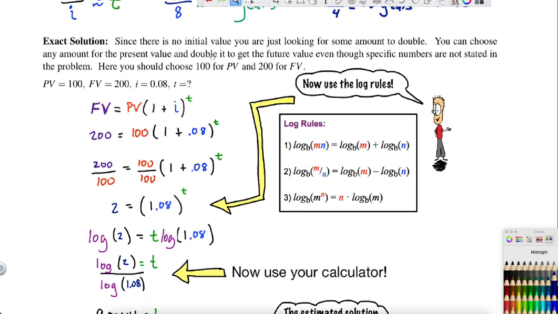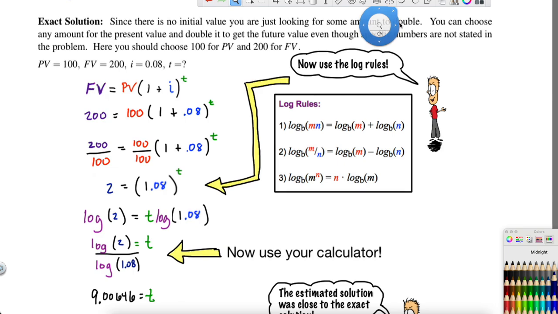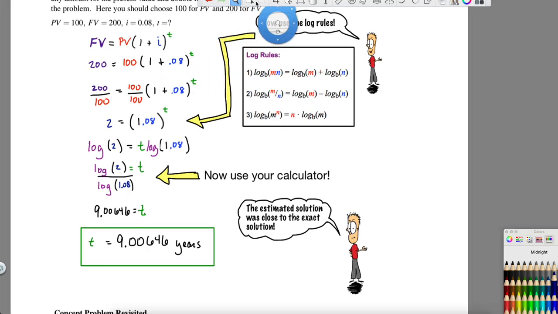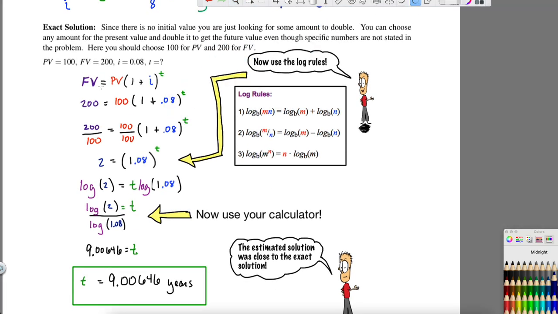Now, here's the exact solution. I'm finding this using some logarithmic rules, but I want to show you another way as well. We have our future value equals our principal value times 1 plus i to the t.